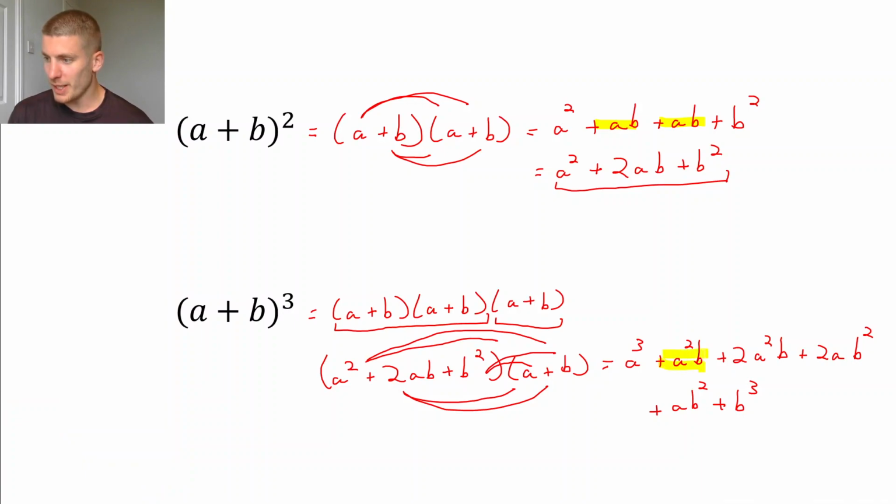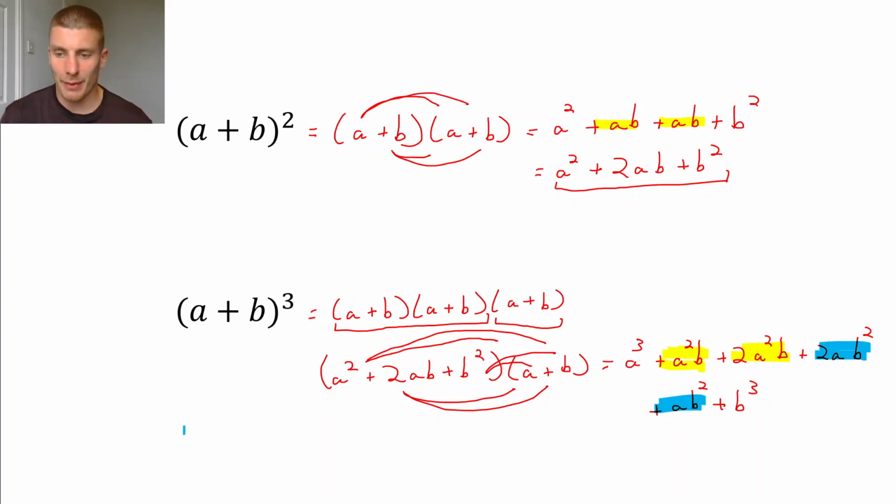I've got a squared b, which is here, 1a squared b plus 2a squared b. They're like terms because they've both got a squared b in them. And I've also got down here, let's go and do it in blue, plus 2ab squared and plus 1ab squared.